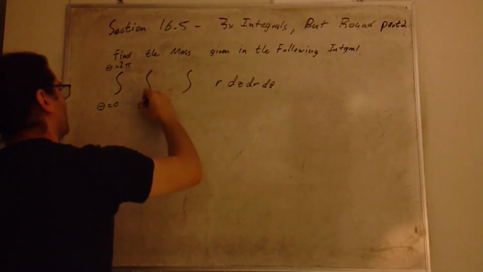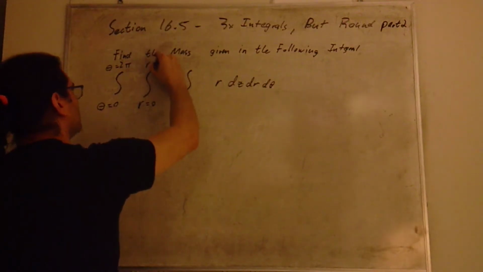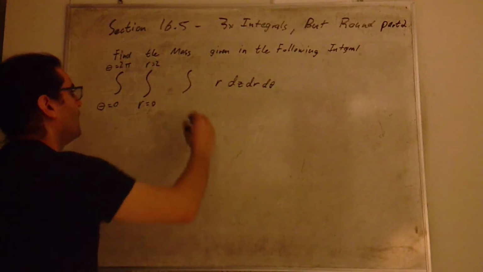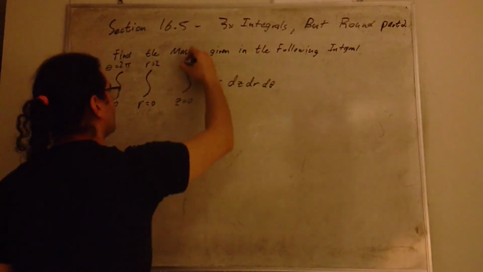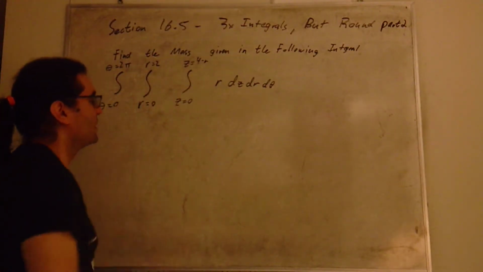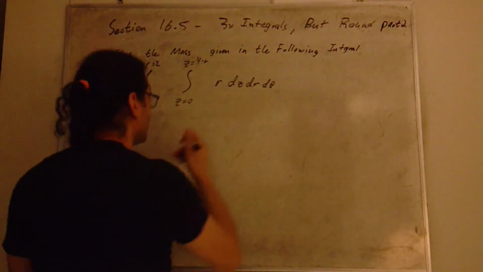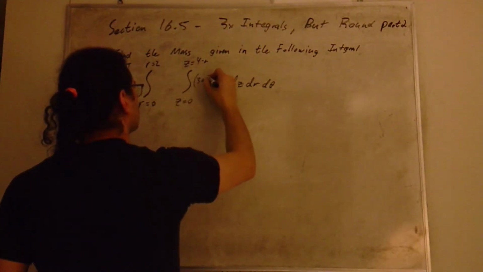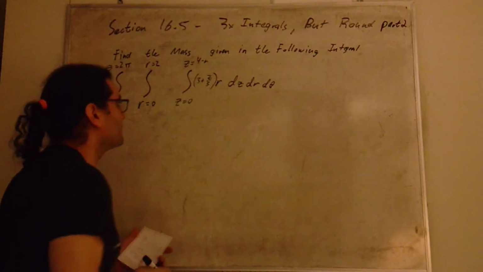I want r to go from 0 to 2. I want z to go from 0 to 4 minus r. And the density function that we're going to integrate is 3 plus z over 3.